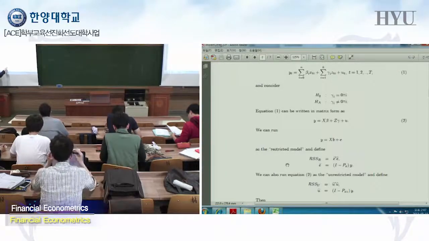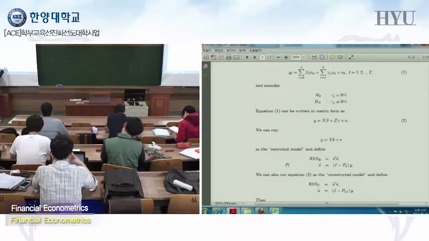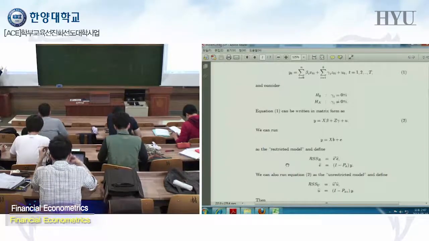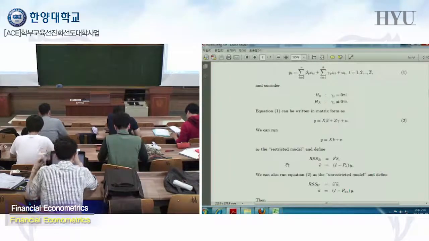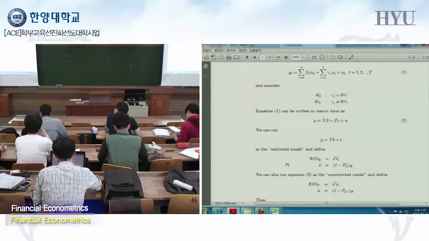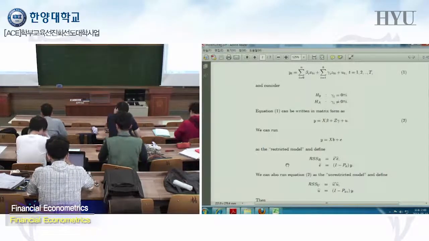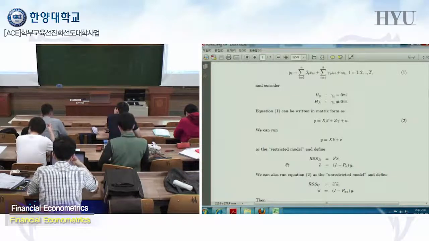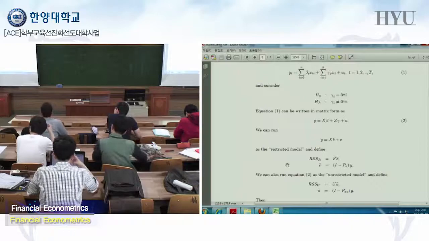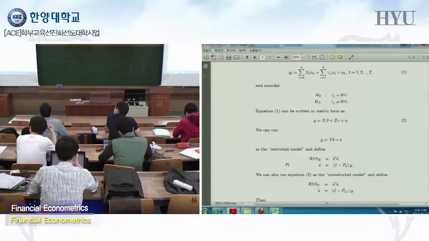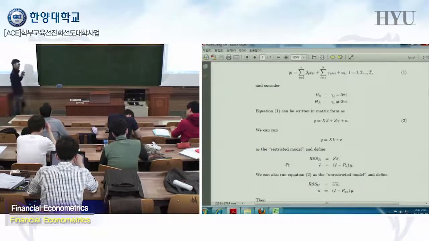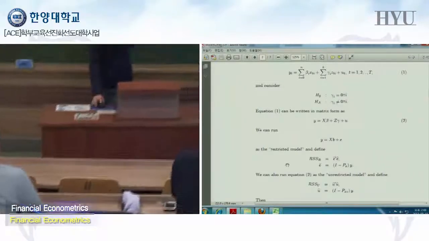So RSS of the unrestricted model is U hat prime U hat, in which U hat is simply the projection of Y onto the null space of both X and Z. Or it is Y minus the projection of Y on the space spanned by X and Z. Or it is simply Y minus X beta hat minus Z gamma hat, as you know. It's something you already know.